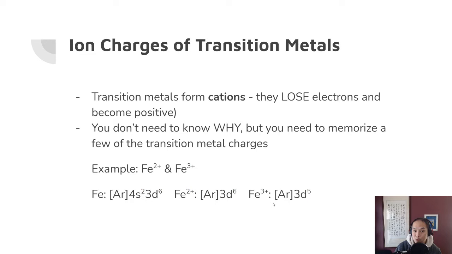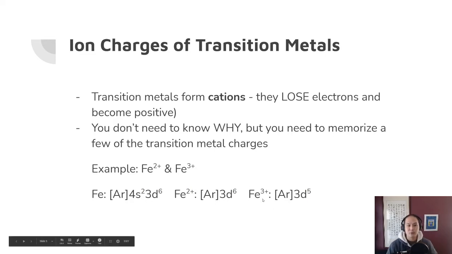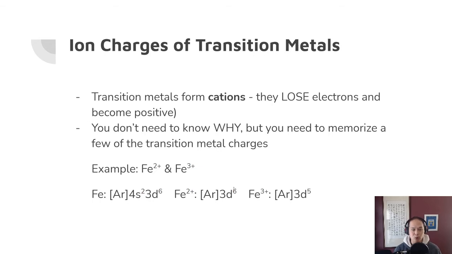A little more complicated is, why would iron form a 3+ charge? When it forms a 3+ charge, it loses one more d electron, and it becomes [Ar] 3d5. The reason why that works is, remember what happens when we go from d5 to d6? Does anyone remember, in terms of filling, drawing in those arrows, what would we have to do when we go from d5 to d6?